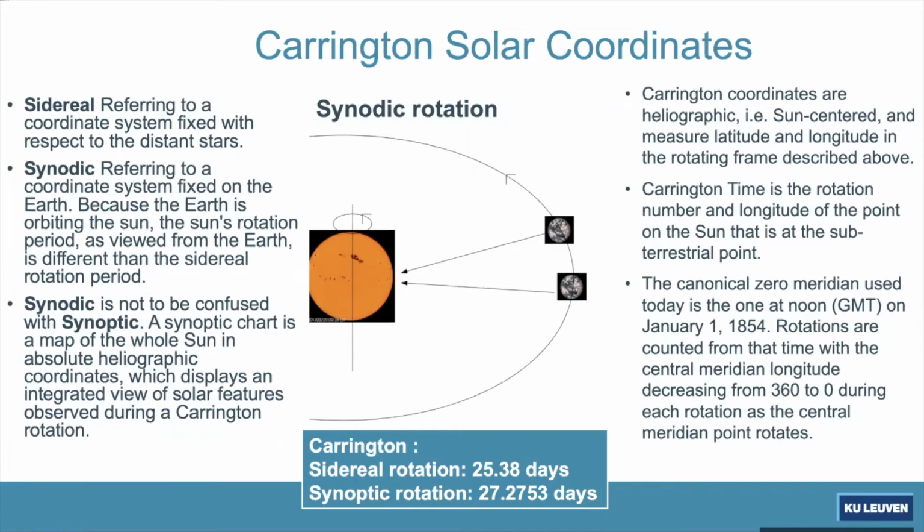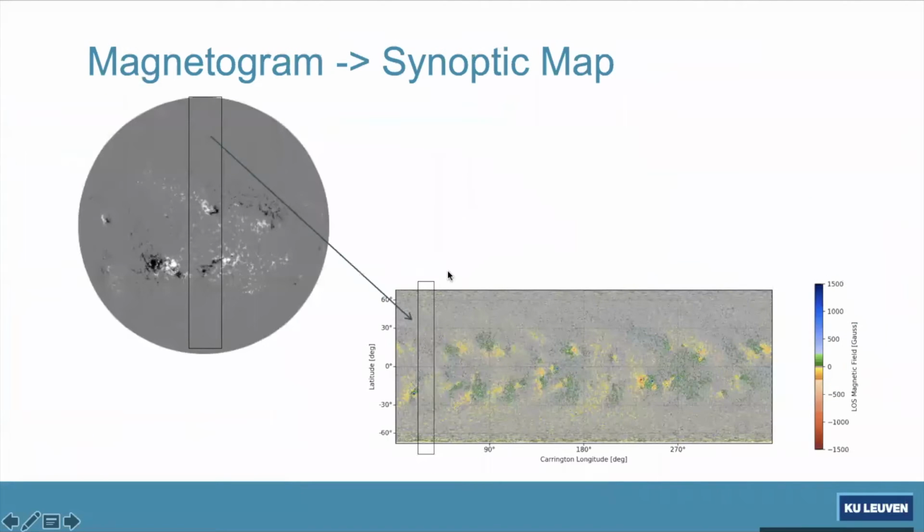Carrington rotation is one full rotation seen by the Earth, the synodic rotation. And the Carrington coordinates are these. So the Carrington longitude and latitude, this is how this is done. This is basically like a Mercator map of the sun. Like when you have America here and Europe here and Asia there and Japan is out here and Australia here, that kind of map, but it's of the sun.